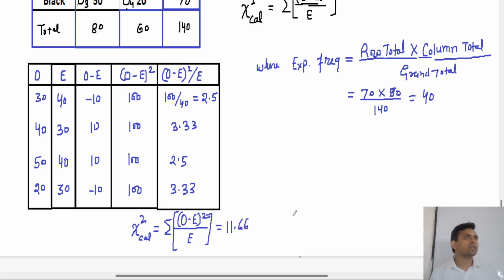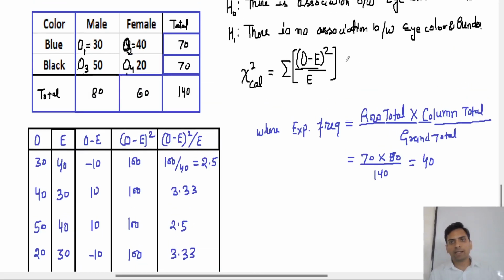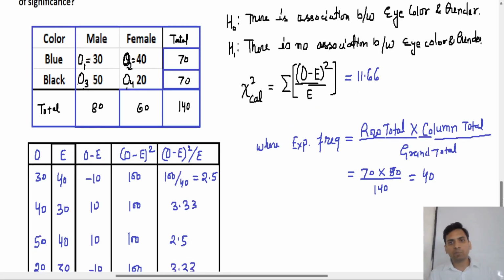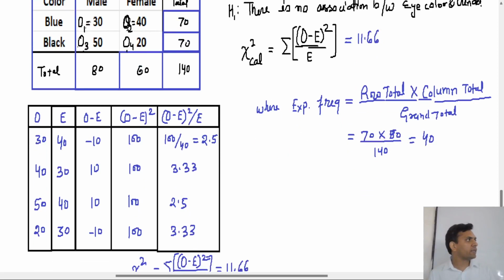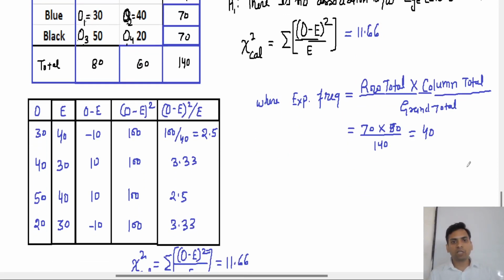This is the chi-square calculated value. Done? So we have chi-square calculated value 11.66. So first task, writing hypothesis. Second task, chi-square calculated by using this expected frequency.